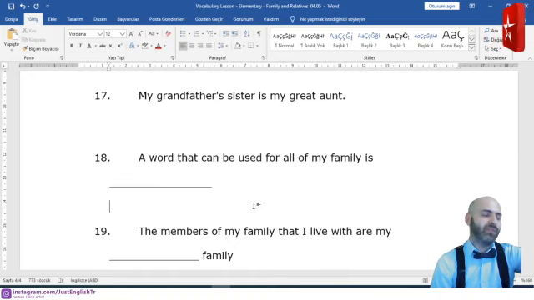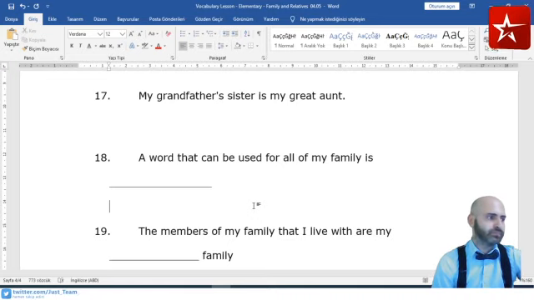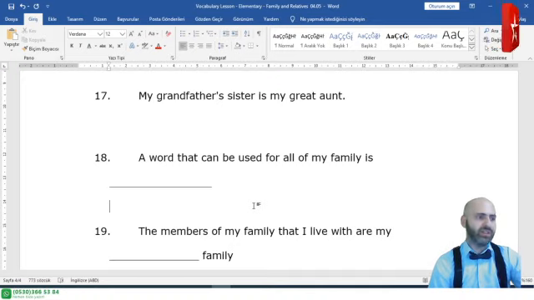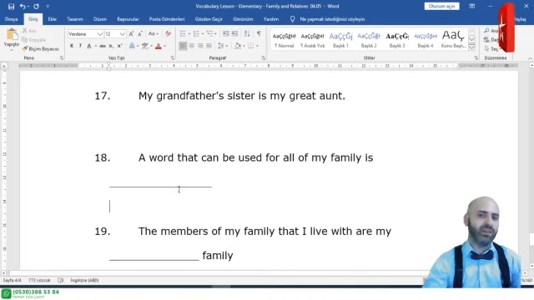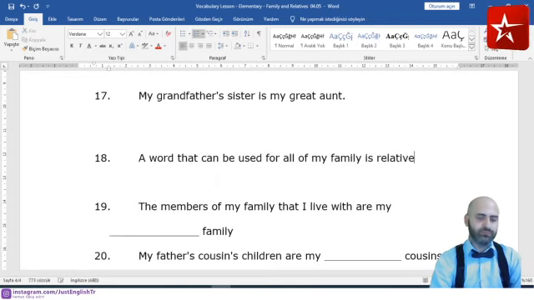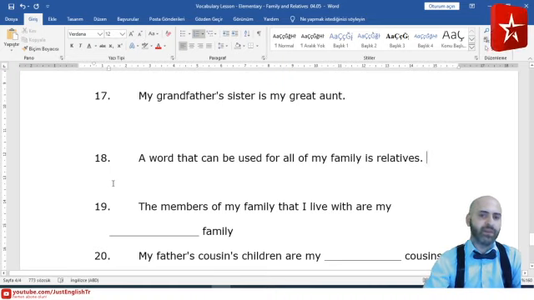We can say my folks. It means my family members. Or officially, of course, we can say generally they're relatives. All of them together, they are relatives.